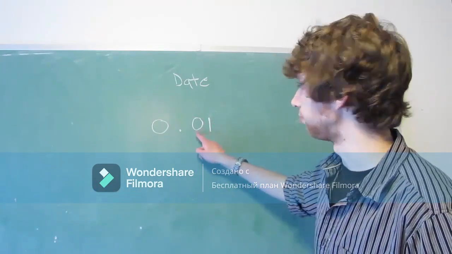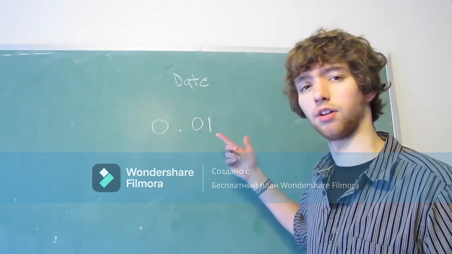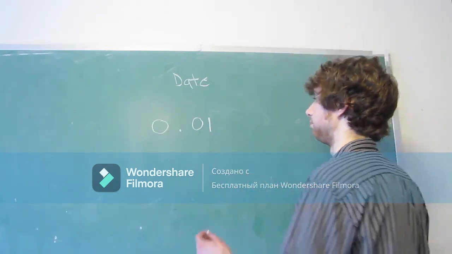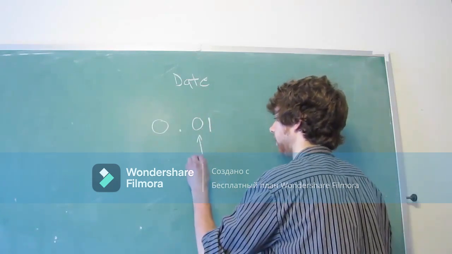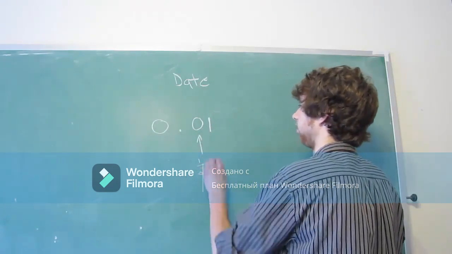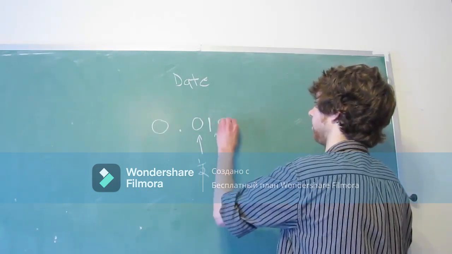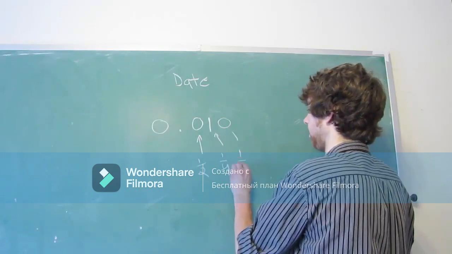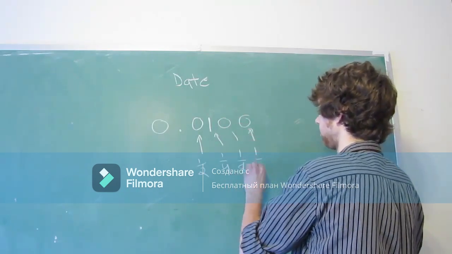So we would have half, but we don't have half. So we have half of a half, 1/4. Kind of makes sense? So the place values would be, this one right here would be half. This place value would be 1/4. And then anything after that would be 1/8. And anything after that would be 1/16.